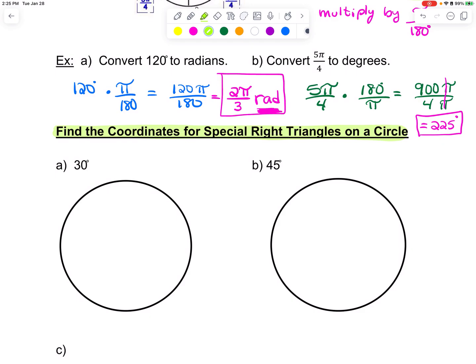We'll start by drawing a picture. Our initial side, our terminal side of our unit circle, we'll talk about the rest next week.